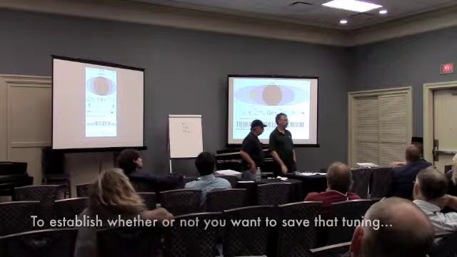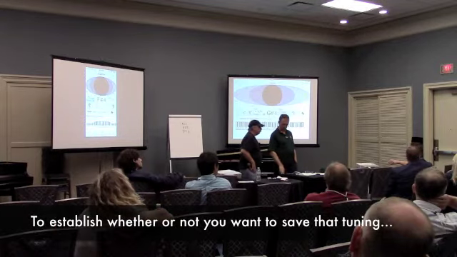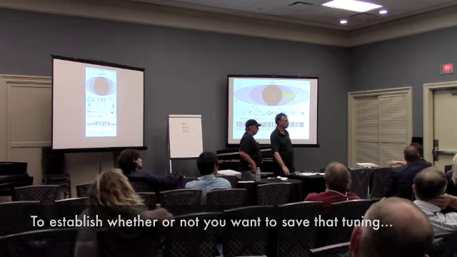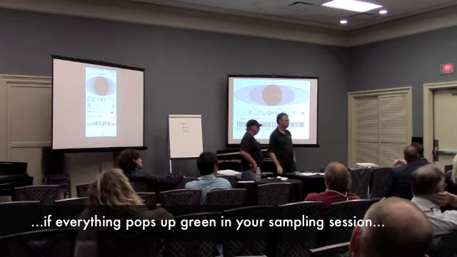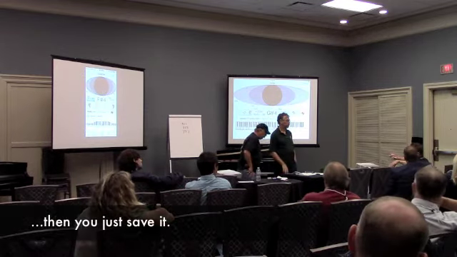So when I've got a good tuning for a piano, I don't resample the piano. Now, one exception. If it's a really unique weather condition, if I created it when it was really dry or really wet, then I might resample it. To establish whether you want to save that tuning, if everything pops up green in your sampling session, then you just save it.